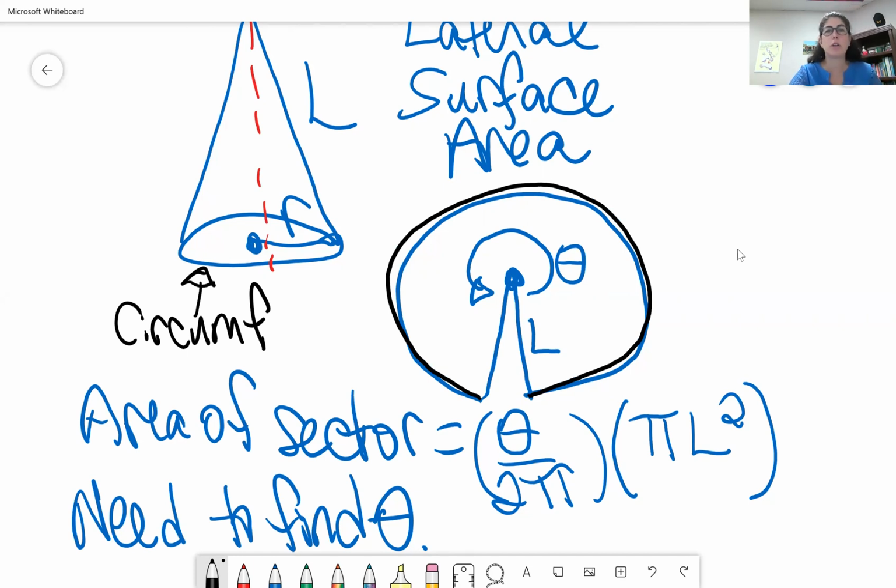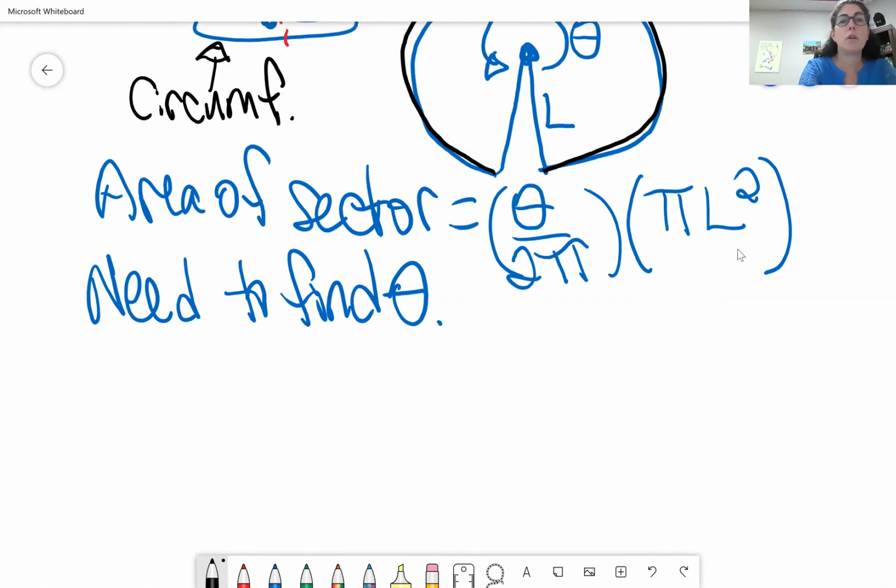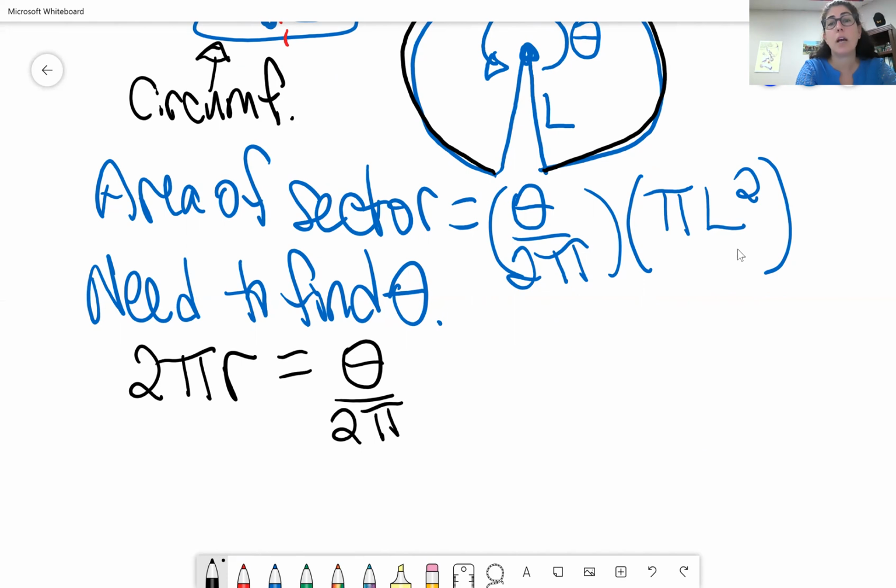Because I cut open the cone, so the circumference of the circle at the base of my cone is equal to the arc length around this circle. And the circumference at the bottom of the cone is 2 pi r. And the arc length here is a fractional part of the entire circumference. So I know that my 2 pi r is the same thing as a fractional part, theta over 2 pi, of 2 pi L.